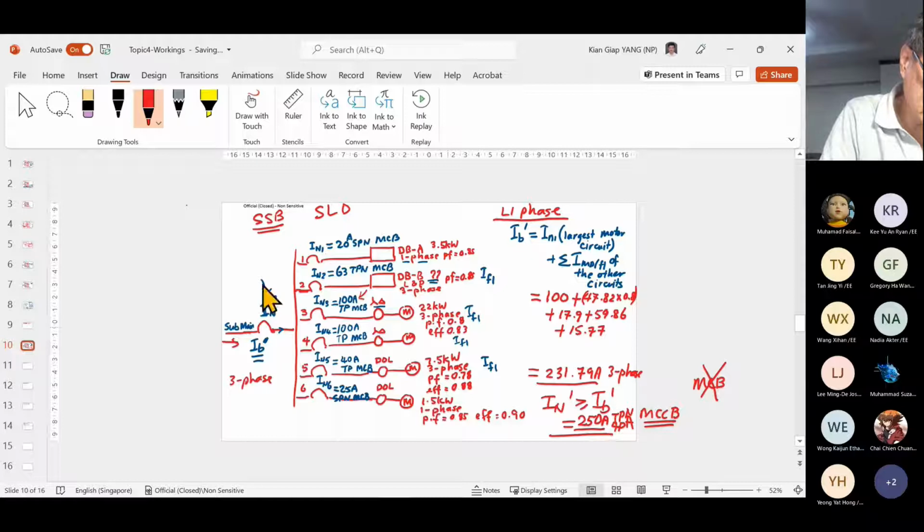In other words, at this point now I have completed my calculation. I have enough information to draw my single line diagram. Maybe I choose 4-pole MCCB for this one.